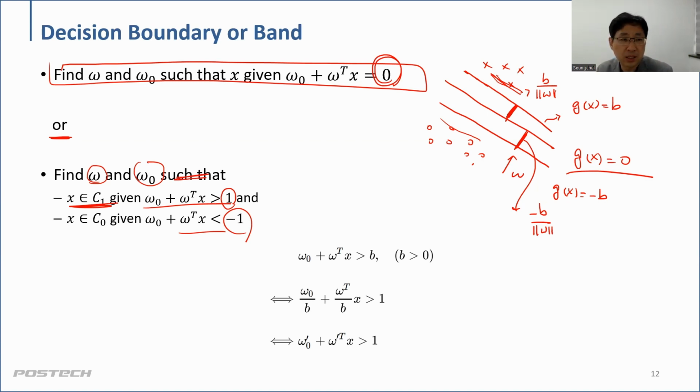So that's why, instead of finding the decision boundary, I want to find a decision band. That's the key idea of SVM.